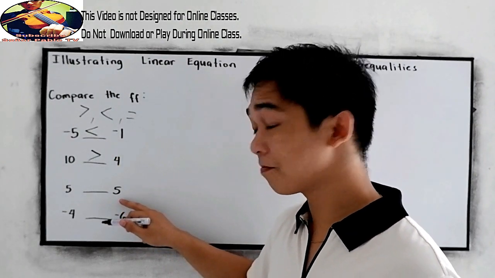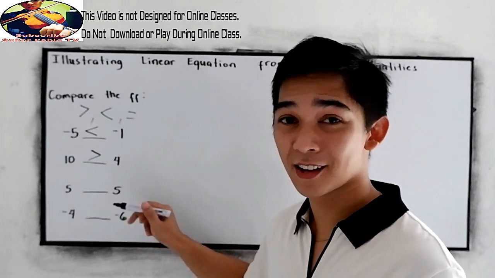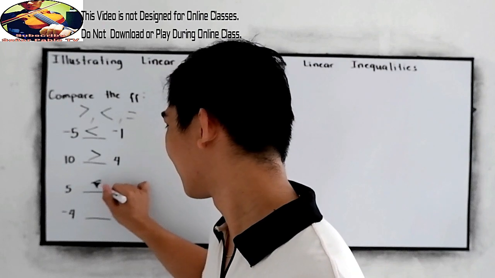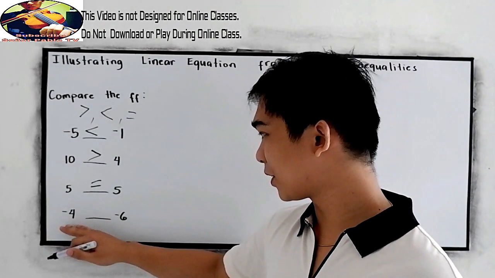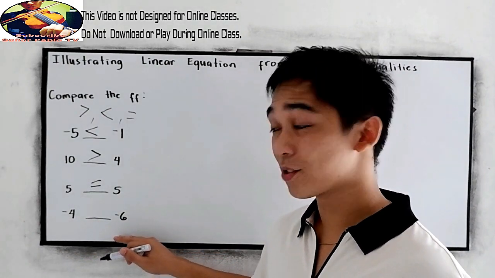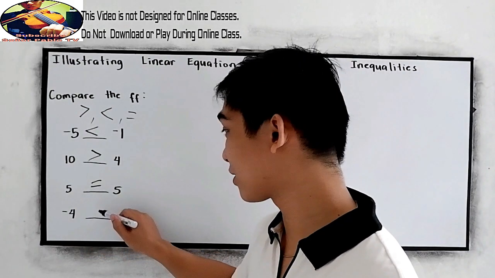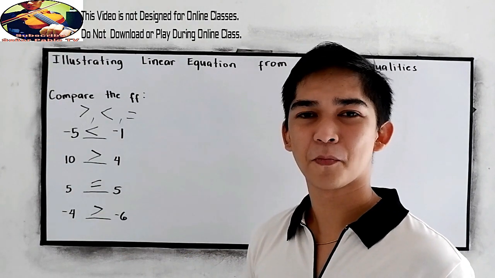And in number 3, 5 compared to 5. Of course, 5 is equal to 5. And in number 4, negative 4 and negative 6. Negative 4 is greater, so we use negative 4 is greater than negative 6.